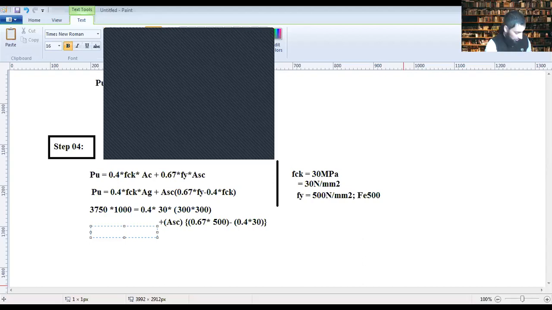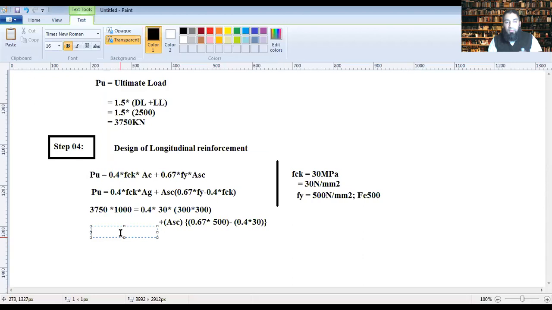What about others? Someone else? It's 8266.25 mm².